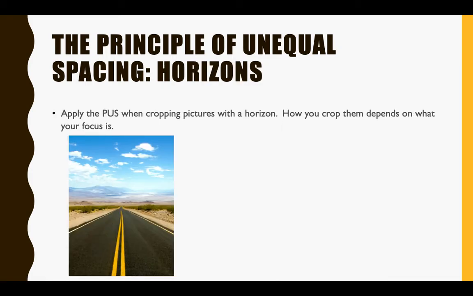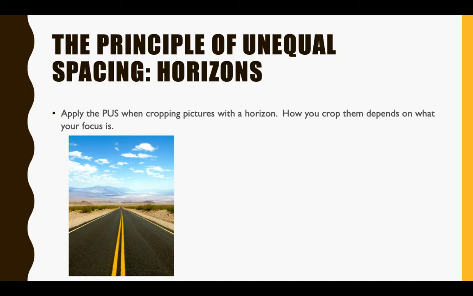Now, the principle of unequal spacing on horizon lines. If you've ever heard me talk about the rule of thirds, you're going to see this right away in this. How you crop where the horizon is depends on what you want to happen. Right? First of all, if you're taking a picture, we would talk about the rule of thirds and where you should put the horizon.